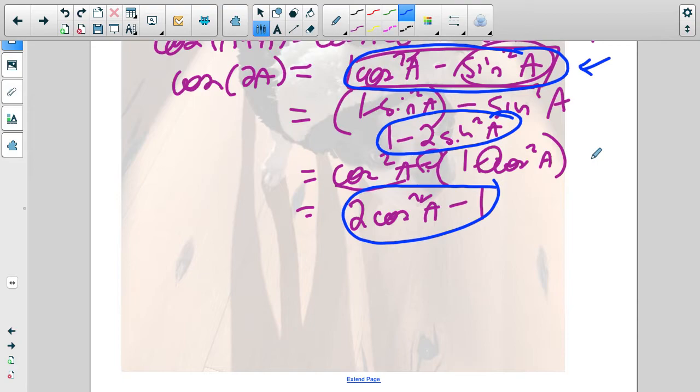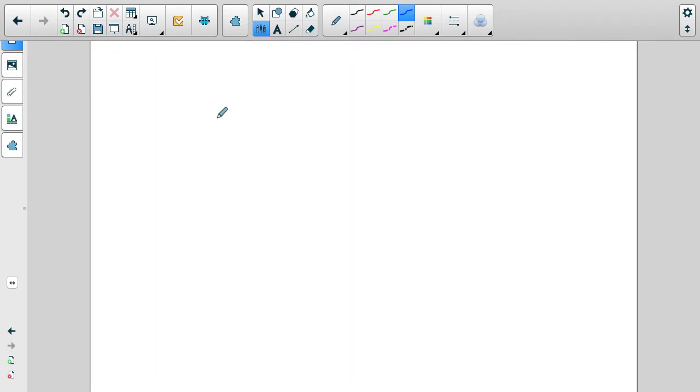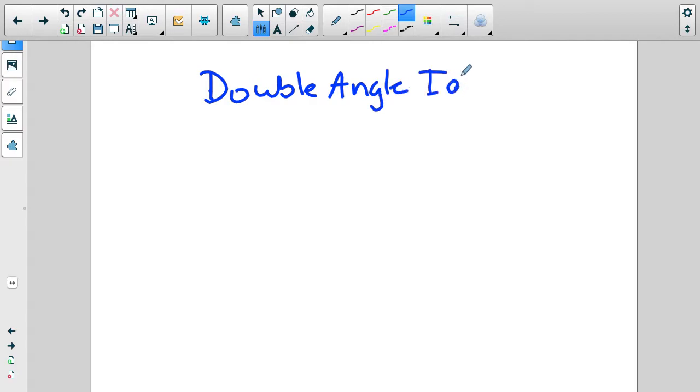If I ask you for tan 2A, guess what you can do? Put sine 2A over cosine 2A, all right? So here they are, the double angle identities. I'm not promising these may be our last identities, and we'll add some other things to your memo page that have to do with trig. But this might be all of the identities that people memorize.